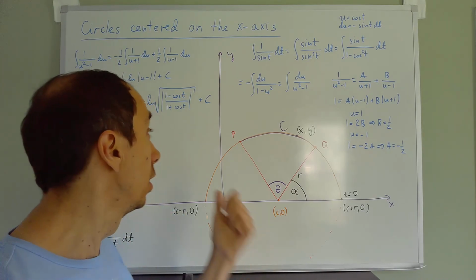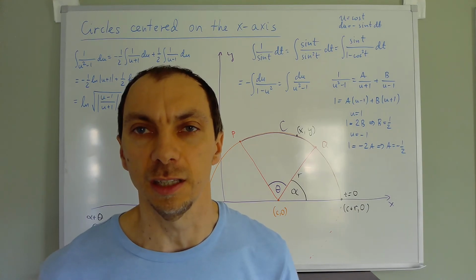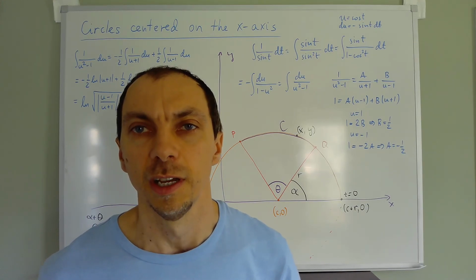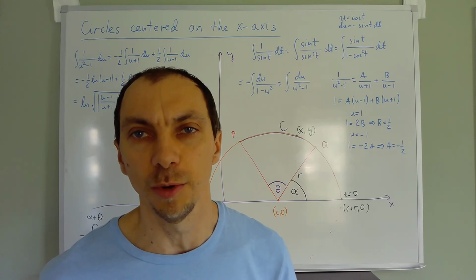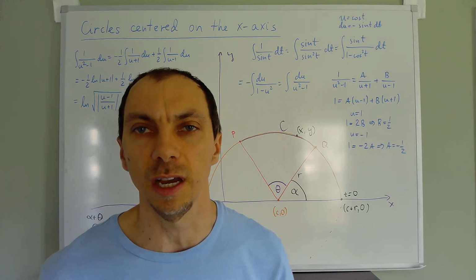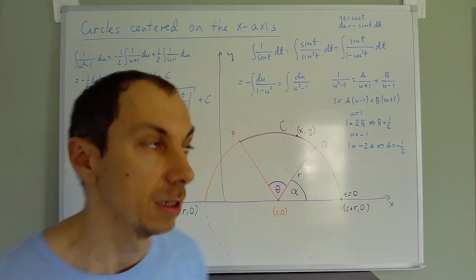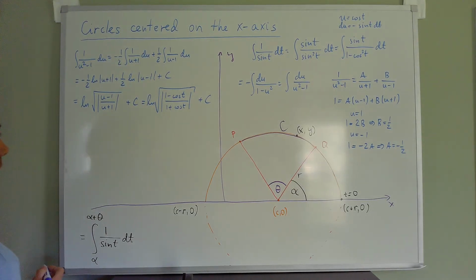I personally do not like too many trigonometric functions. I think sine and cosine and tangent are enough, but many people actually like many more, and there's also secant, cosecant, cotangent, and if you use here cosecant and cotangent, you can write it slightly simpler. So let's see how you can do this.